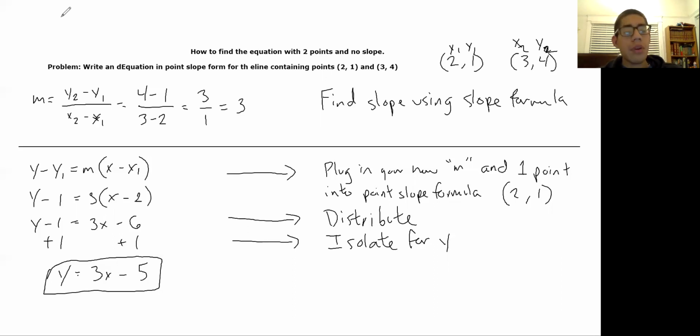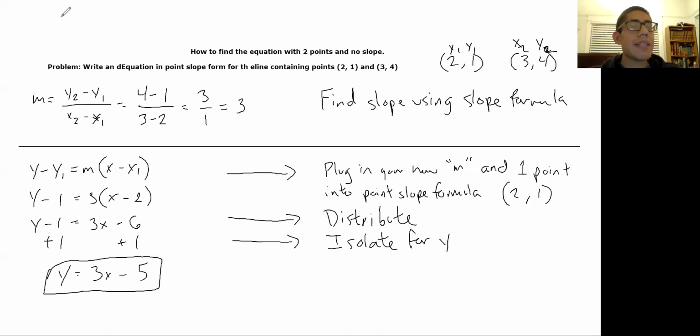What if I give you 2 coordinate points and I don't give you the slope? Is it possible to still get an equation? The short answer is yes. If you have 2 points like this, for example here, problem: write an equation in point slope form for the line containing points (2, 1) and (3, 4).